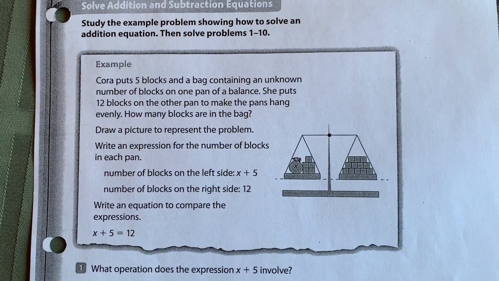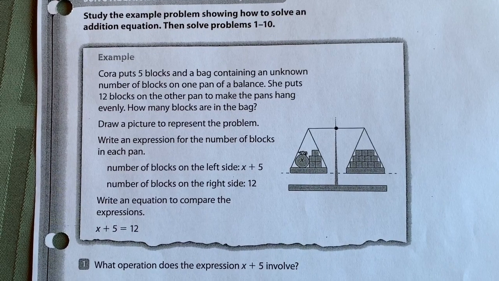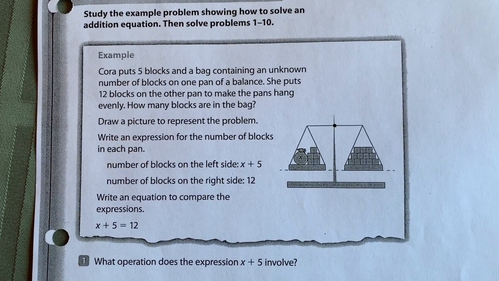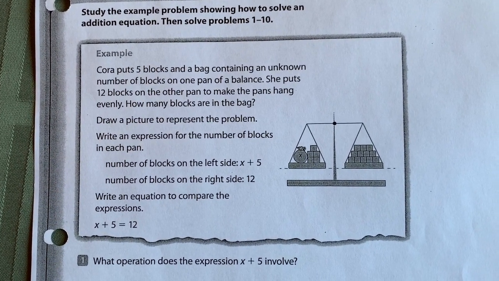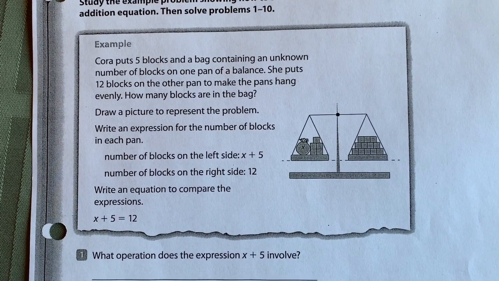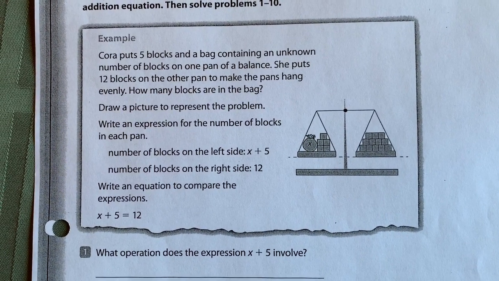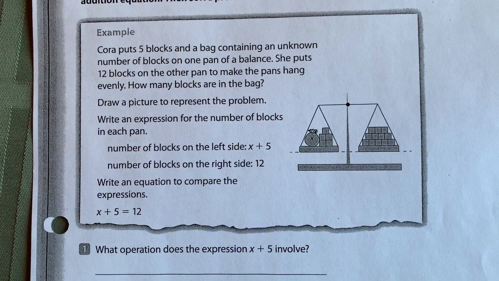So we want to draw a picture to represent the problem and write an expression for the number of blocks in each pan. The number of blocks on the left side is X, our unknown number, plus 5, and the number of blocks on the right side is 12. So to write that equation, we would say X plus 5 equals 12.